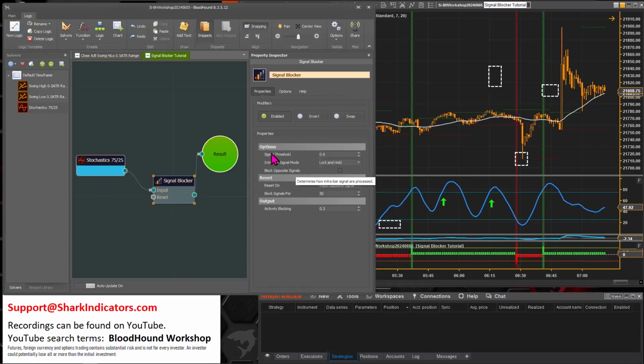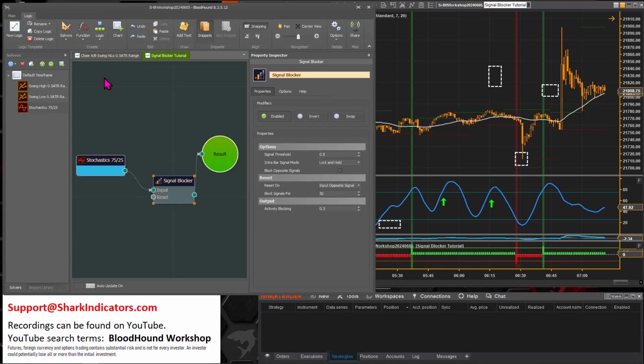All right. So the signal threshold. With the creation of BloodHound version 2, the fuzzy logic foundation that BloodHound is built on is hardly discussed anymore. That was one of the main reasons for creating BloodHound version 2: we found that traders don't really want to build complex fuzzy logic systems.